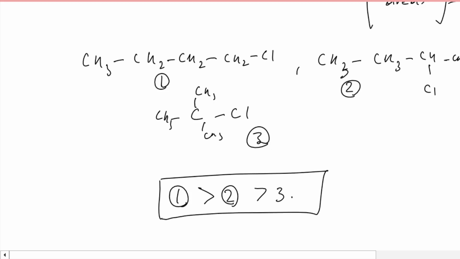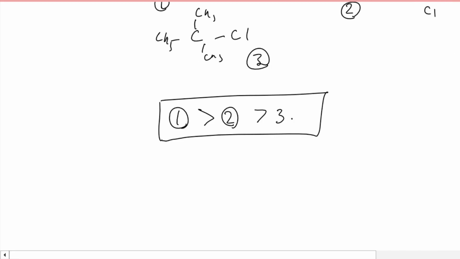The molecular weight of all three compounds is the same, so the order we have written here is on the basis of branching.